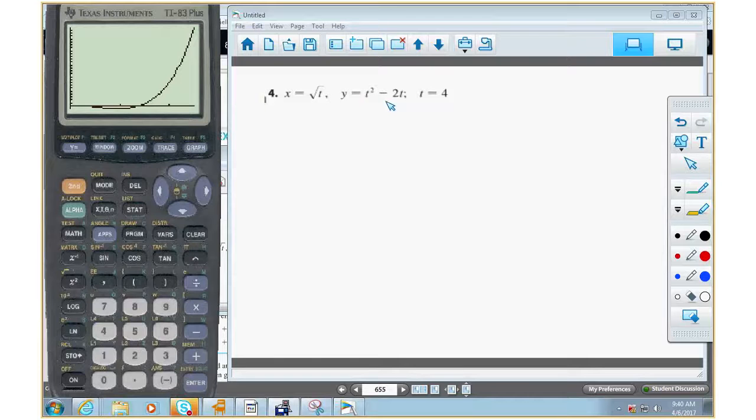Minus 8 is 8, right? So it should be 2 and 8. There's 2. So trace, t is equal to 4. Oops. All right, so there's our point. T is equal to 4.